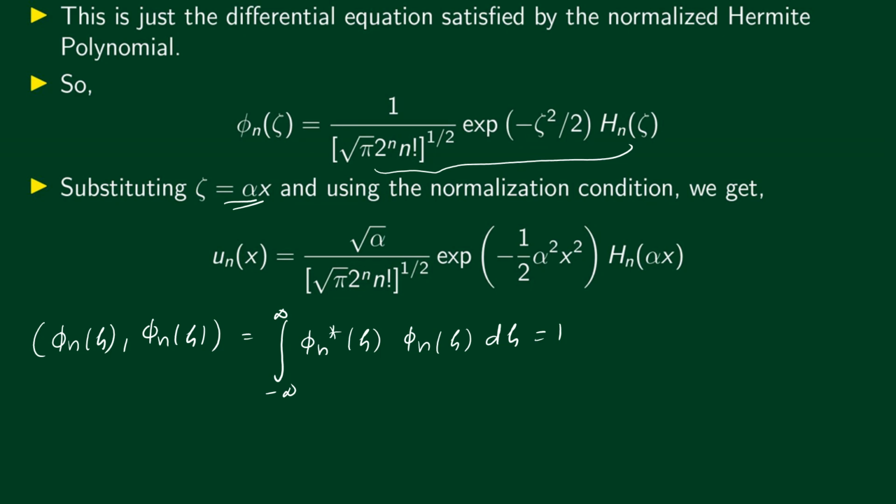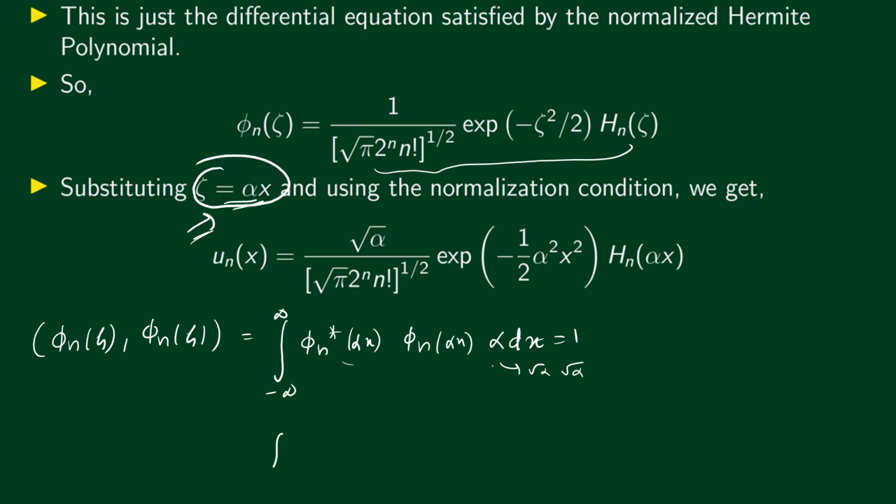Now let's make a substitution. Zeta is equal to alpha x. So this would become phi n star of alpha x, phi n of alpha x. If zeta is equal to alpha x, then d zeta is equal to alpha dx. So we have alpha dx equal to 1. Now let's distribute this alpha into both these terms, because we can write alpha as square root of alpha multiplied by square root of alpha.